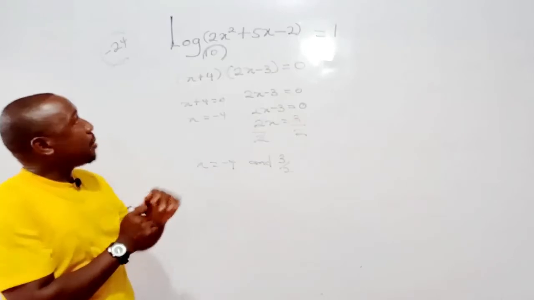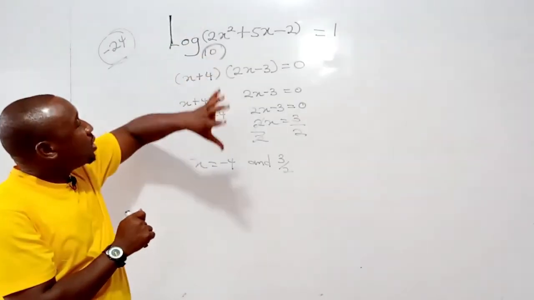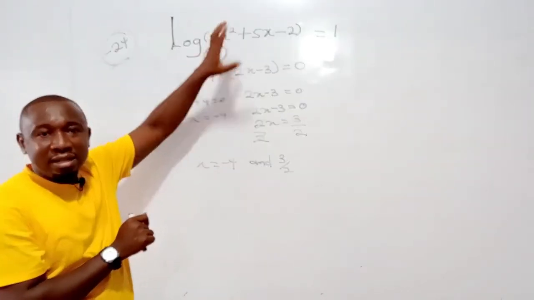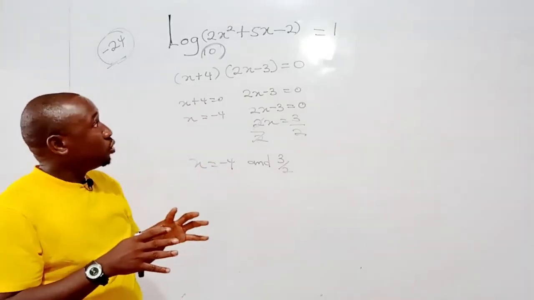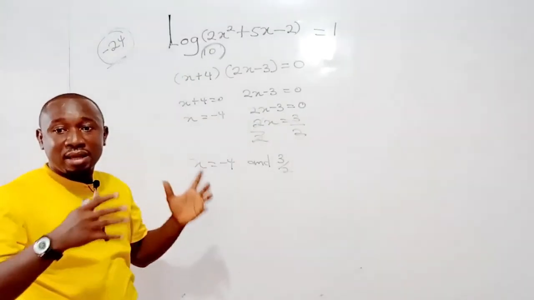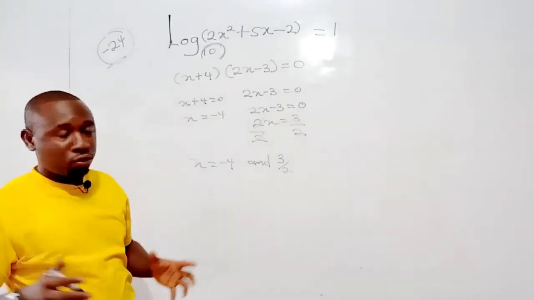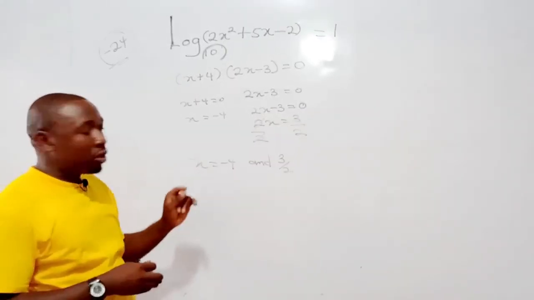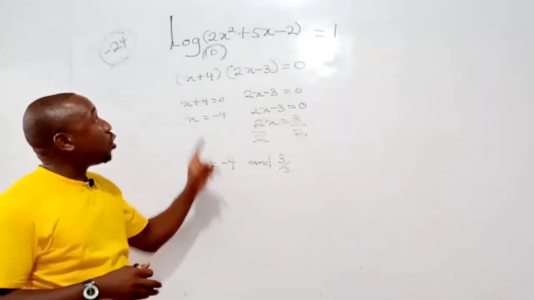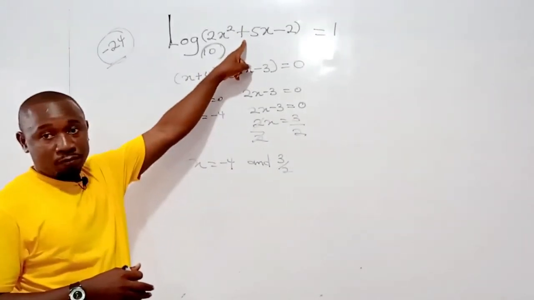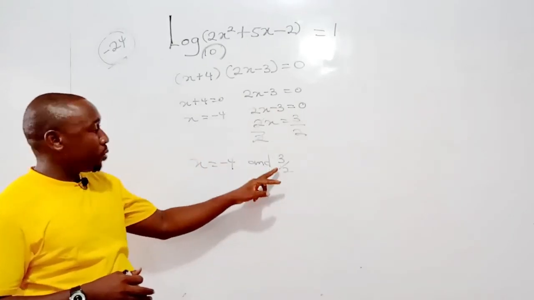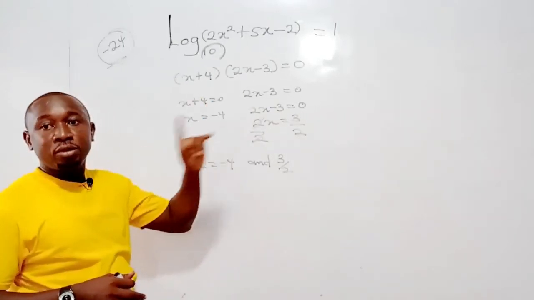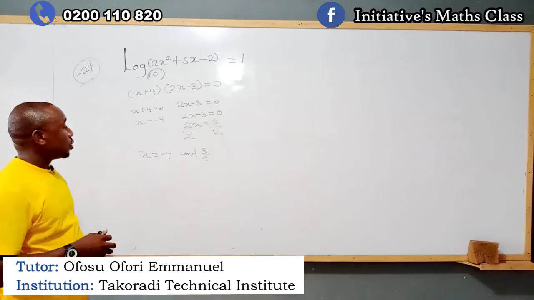One interesting thing about equations involving logarithm and indicial equations is that after getting your values, you can verify whether the answers are correct or not. So let's see if, when x is equal to negative 4, our equation will be true, and let's find out if, when x is equal to 3 out of 2, our equation will be true.